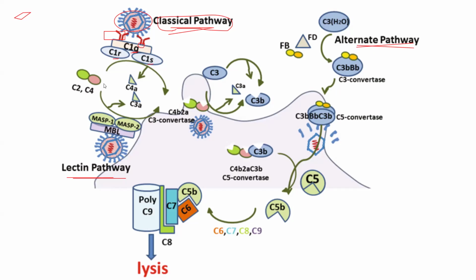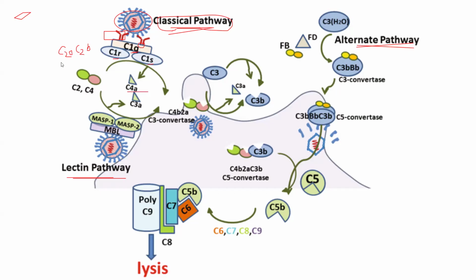Then this complex acts as an enzyme and results in the cleavage of C2 and C4. C2 cleavage makes C2a and C2b, and C4 cleavage makes C4a and C4b.